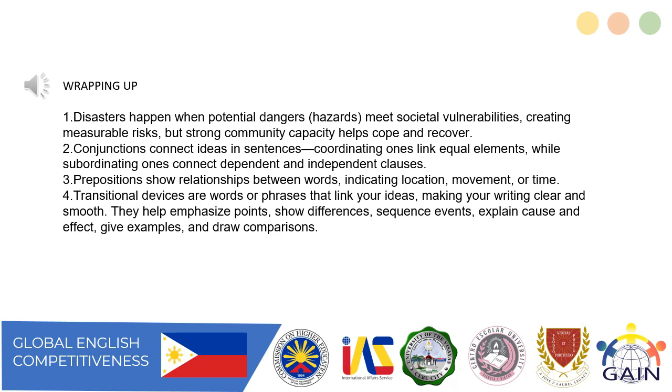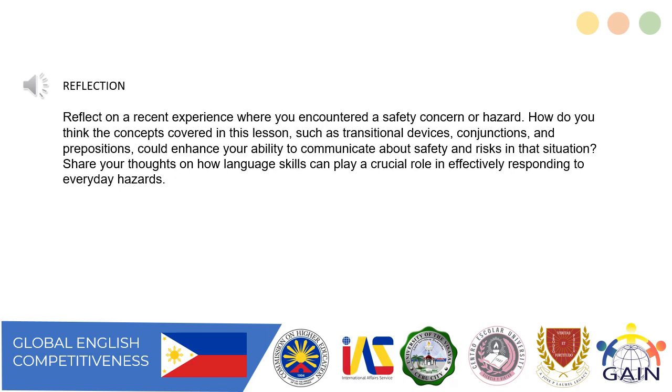Coordinating ones link equal elements, while subordinating ones connect dependent and independent clauses. Third, prepositions show relationships between words, indicating location, movement, or time. And lastly, transitional devices are words or phrases that link your ideas, making your writing clear and smooth. They help emphasize points, show differences, sequence events, explain cause and effect, give examples, and draw comparisons.